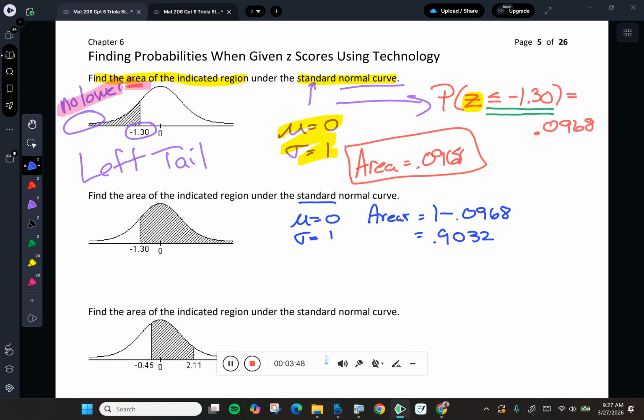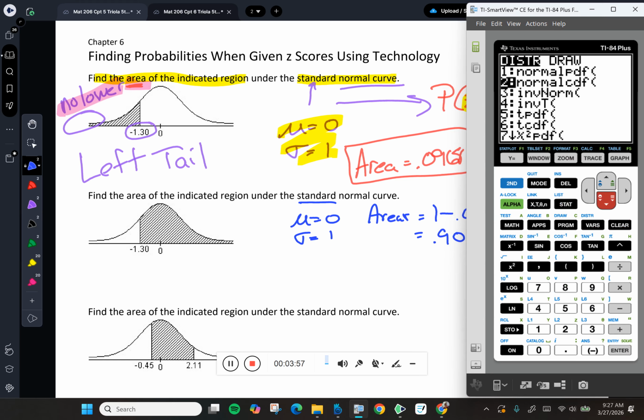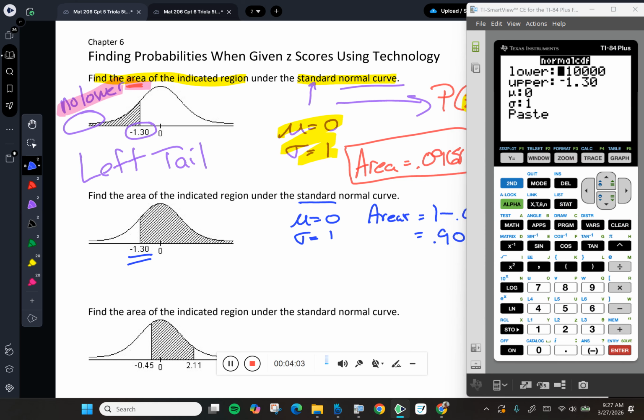But let's say I didn't catch that. Let's say that I wanted to use technology to find this. All right, so I grab my calculator. I'm going to go back to my distribution menu. I'm going to grab that normal CDF command. But now negative 1.30 is my lower limit. And what's my upper limit? Well, since I don't have a stated upper limit, I'm just going to use a big number.